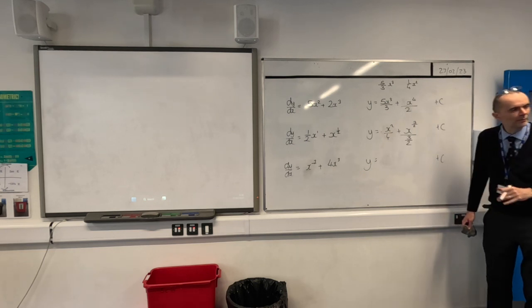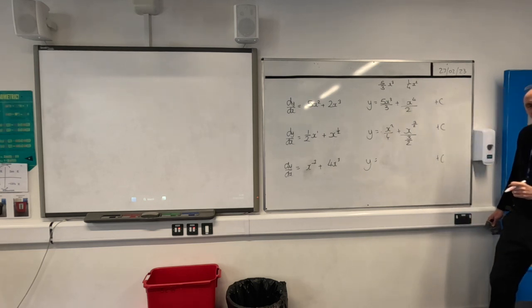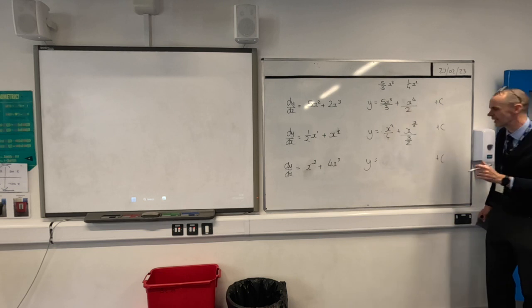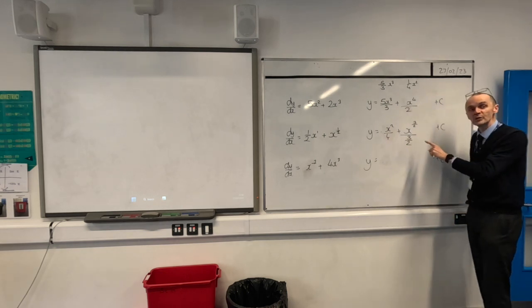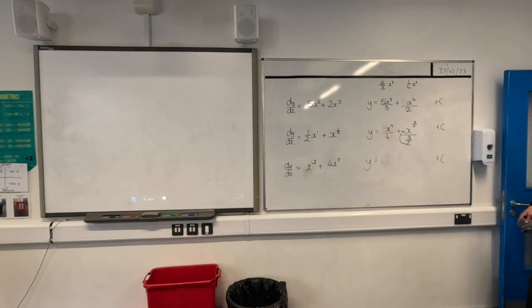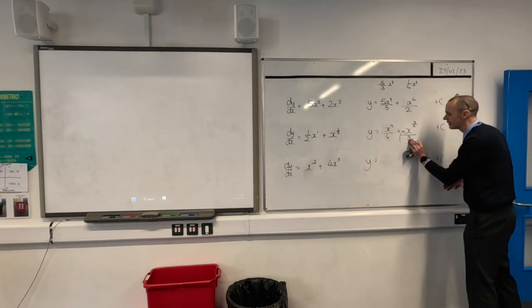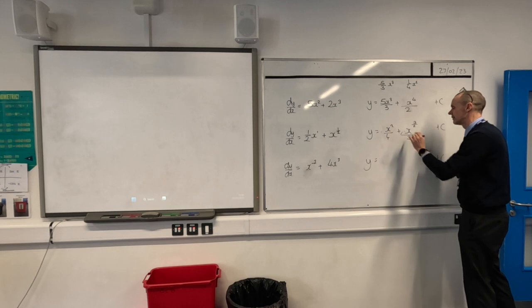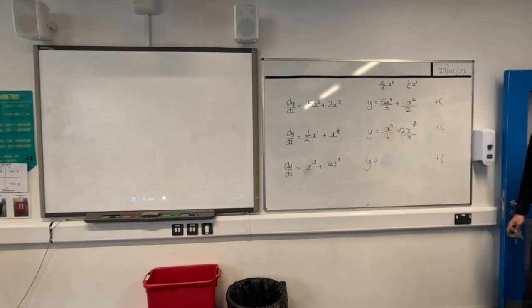And I go back to my dear retired colleague, Mrs. Humphrey, who would always say, the 2 pops to the top. So what you're left with is 2x to the power of 3/2 over 3. So dividing by 3/2 is the same as multiplying by 2/3.